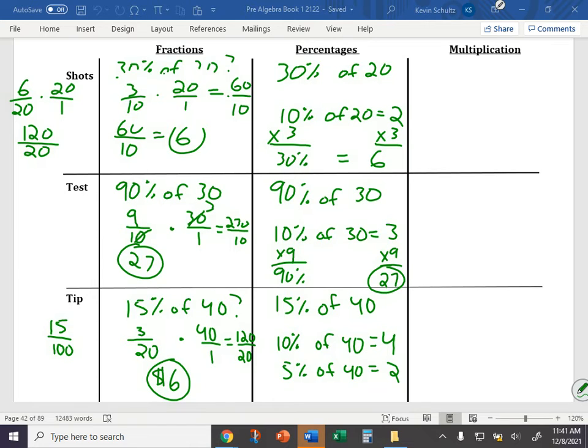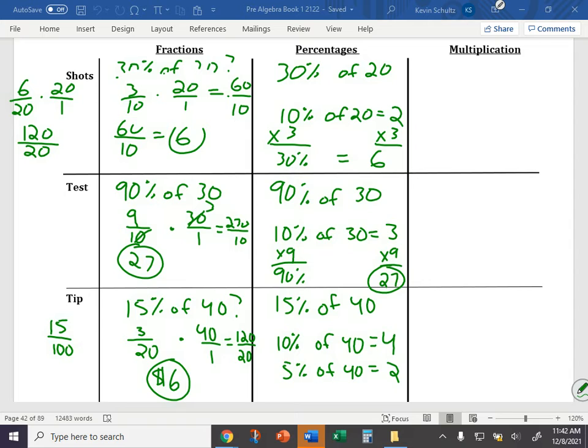Well, does it make sense to you that 10% times 3 gives you 30%? And that 6 is 3 times 2, because if we do 10% 3 times, we get 30% or 6. It's the same thing, only going with division. If 10% of 40 is 4, we divide that by 2, we take half of it to get 5%. We can take half of 4 to get 2.